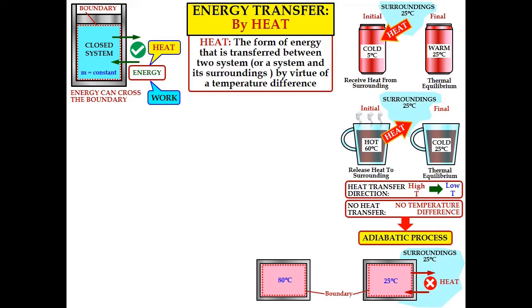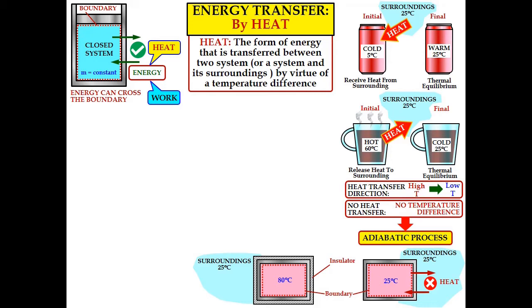Another case is a rigid tank where the temperature of the fluid or gas inside the rigid tank is 80 degrees Celsius, and surrounding the tank we put an insulator. An ideal insulator, where we do not allow any heat transfer in or any heat transfer out, and the surrounding temperature is 25 degrees Celsius.